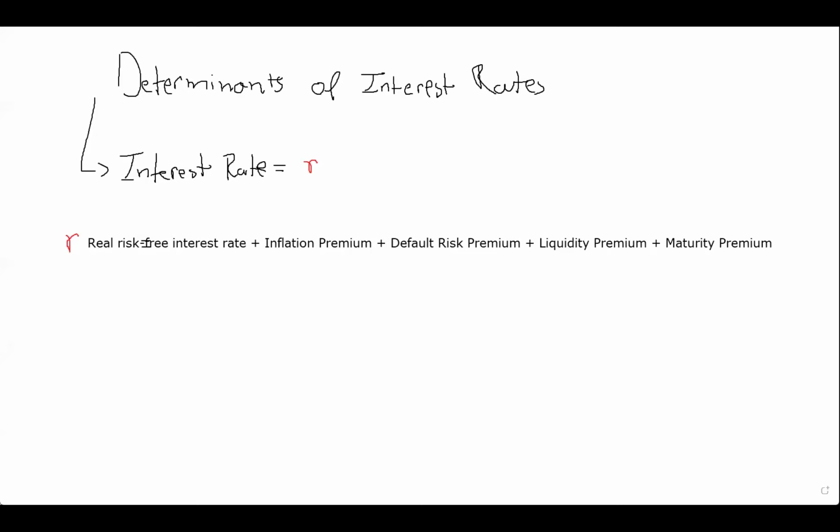It's different from selling a property, because if you have a mortgage for a property, your inflation premium will be okay, your real risk-free rate will be there, your default risk will be there, but the liquidity and the maturity are much faster, because right now in Sydney we are short 100,000 properties.